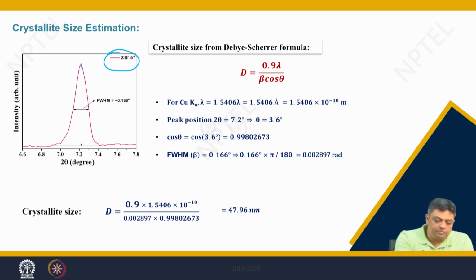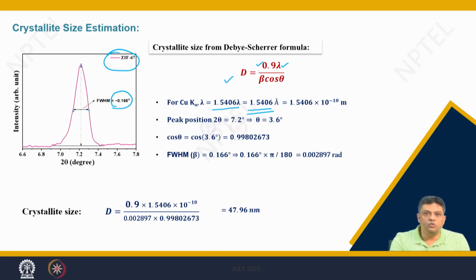So, you take the maxima, go to nearly the half and find out the FWHM, which is around 0.166 degrees in this case. K is equal to 0.9, fine. Lambda, if we take copper K alpha, then copper K alpha 1 has 1.5406 angstrom as the wavelength.